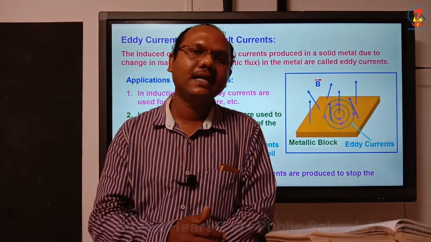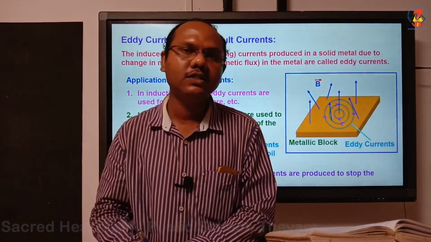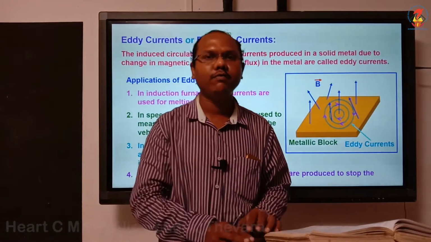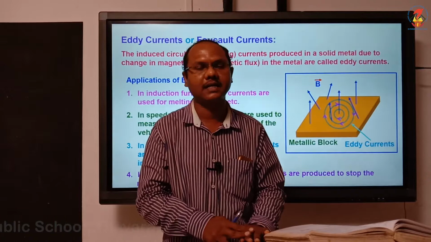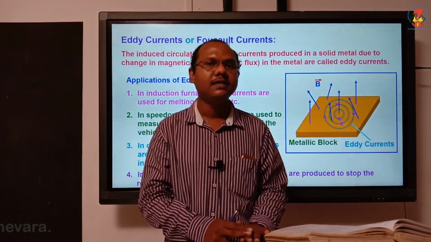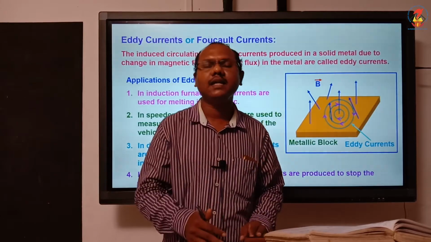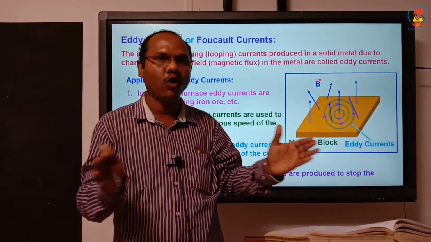Just now we studied that when a metallic conductor is moving in a magnetic field, induced current will be formed in the conductor, and induced EMF is also formed in the conductor, and that EMF is called motional EMF. Instead of a thin conductor, I am keeping a metallic block.